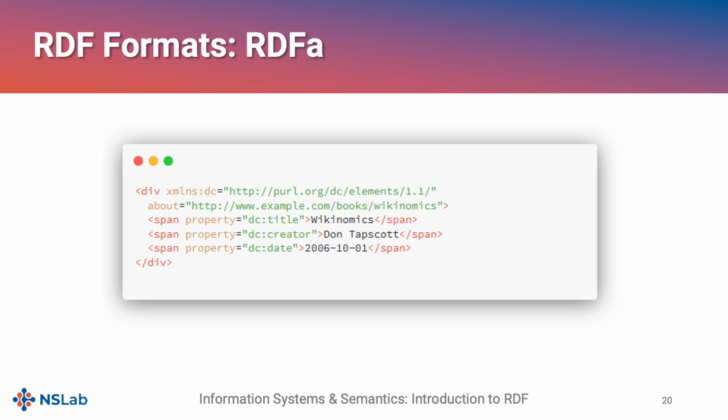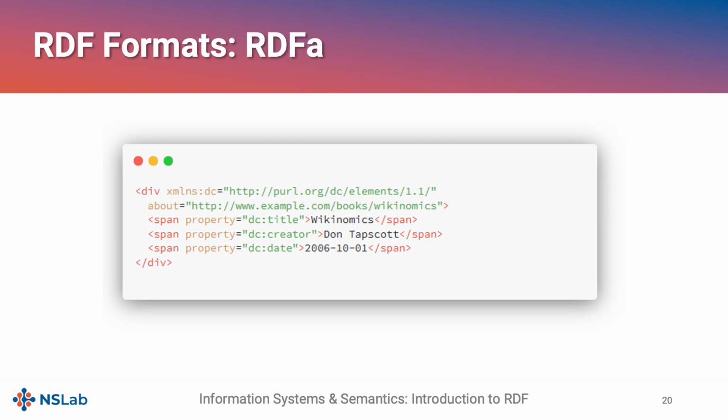And the last one that we have here is RDFa, which means RDF in attributes. You can see that this is an HTML fragment, where there is some div container, and then there are some spans. Each of those has some special attributes.